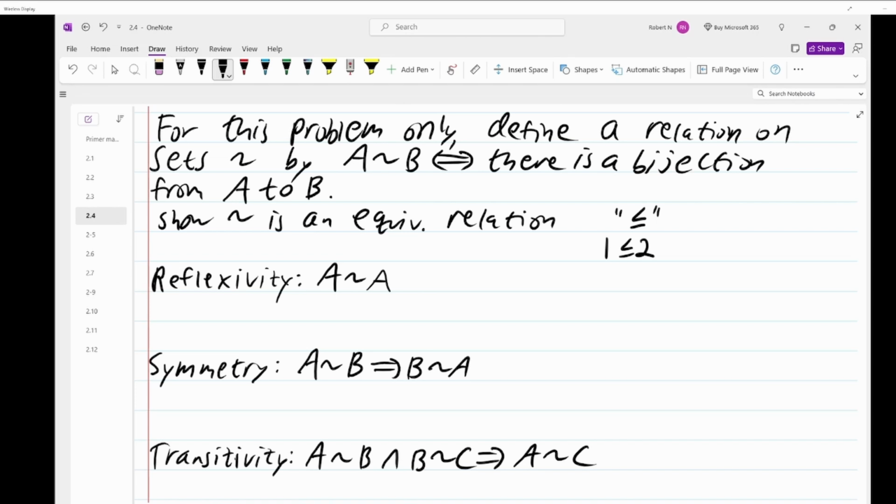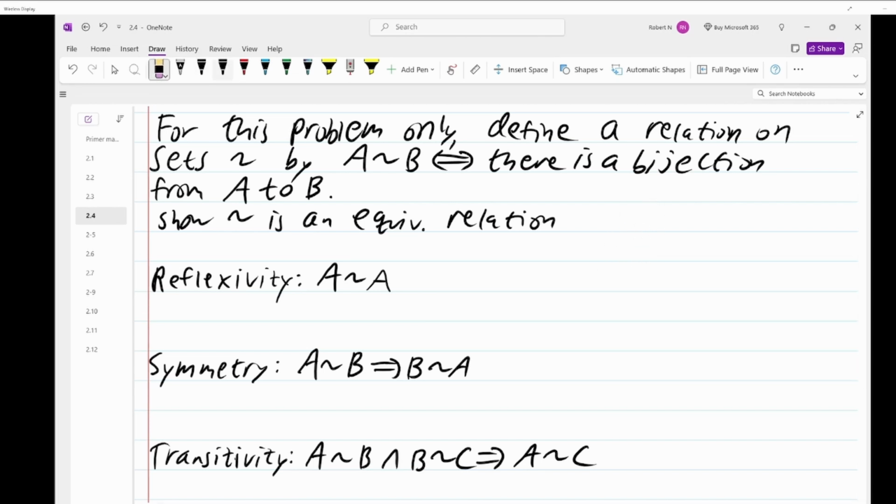An equivalence relation is a special type of relation that has a few properties that we like. So we generalize stuff like less than or equals, greater than, stuff like that.